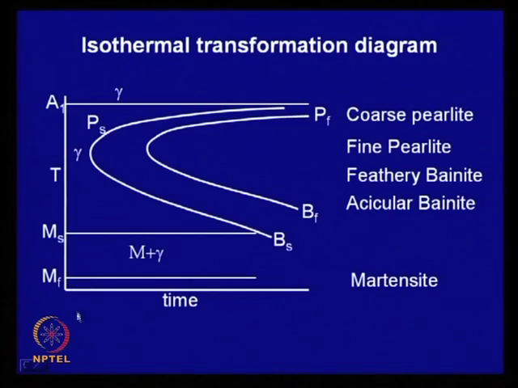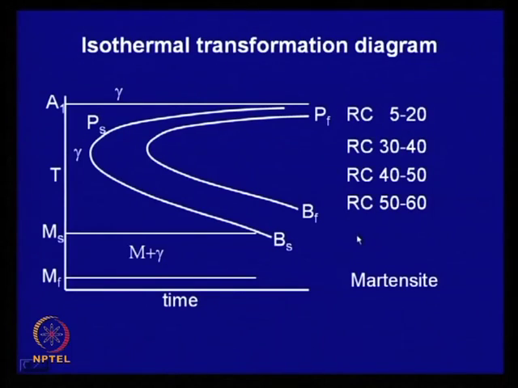That is why, since you are retaining carbon atoms by force in the solid solution, its hardness is very high, almost the maximum hardness that is possible, around 64 RC, that is what you get if it is 100% martensite. So, from here you have the martensitic structure and the coarse pearlite, which is the softest structure.